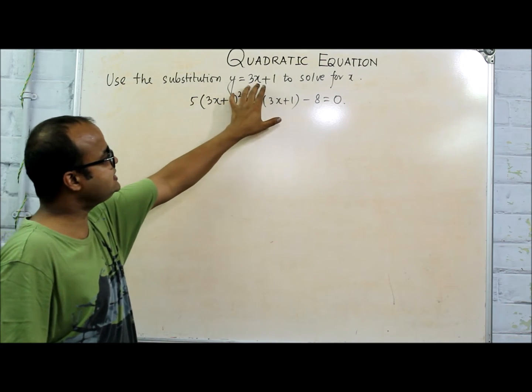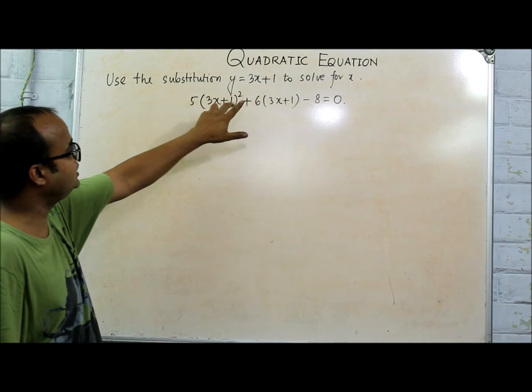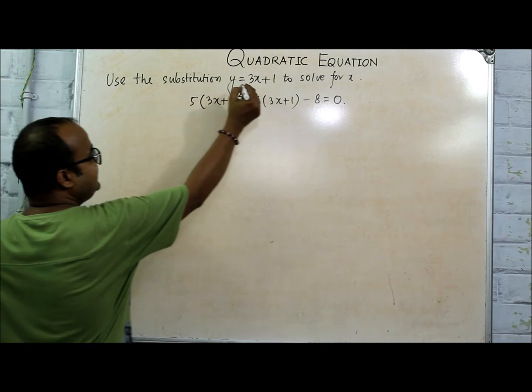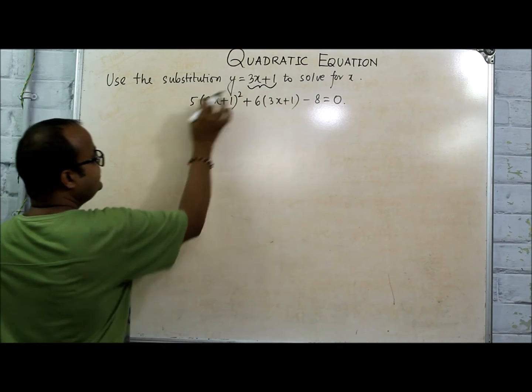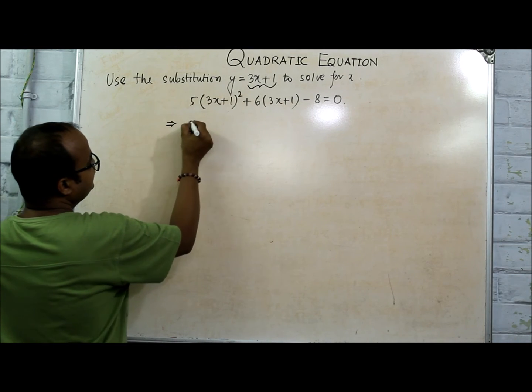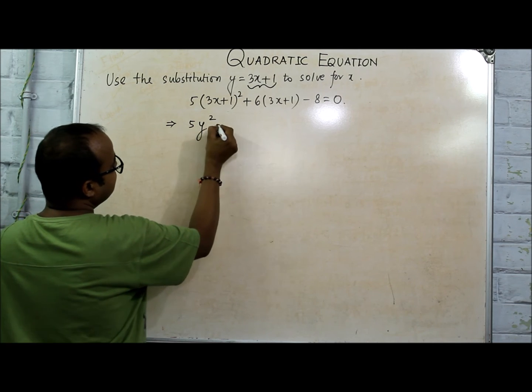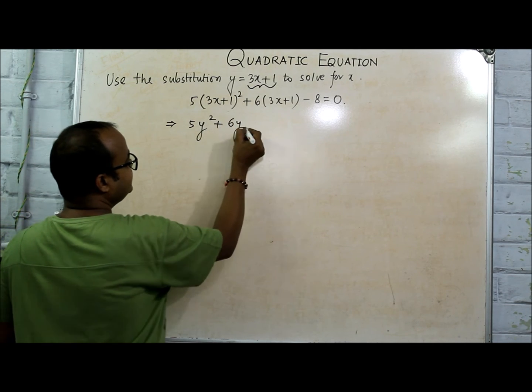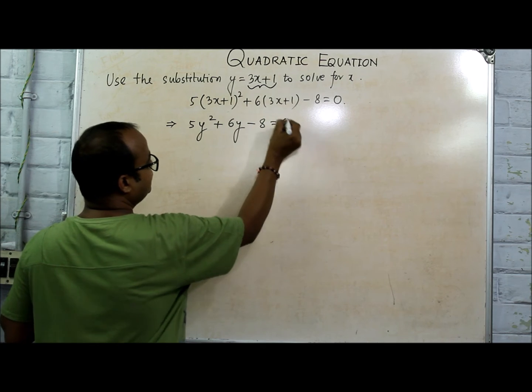So same here, it is given as 3x plus 1 is equal to y. So in place of 3x plus 1, we substitute y. So 5y square plus 6y minus 8 is equal to 0.